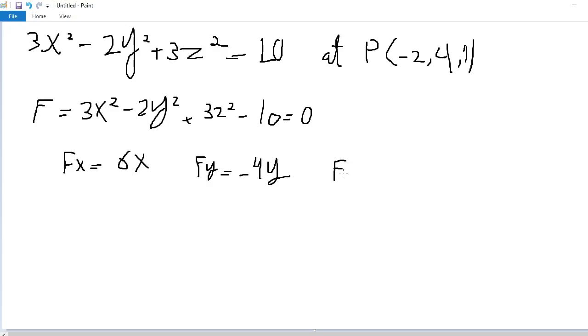Let's deal with the z variable. The z is going to be 6z, and this is it. Then what you need to do, you want to enter every x, y, and z point, you need to enter it here.